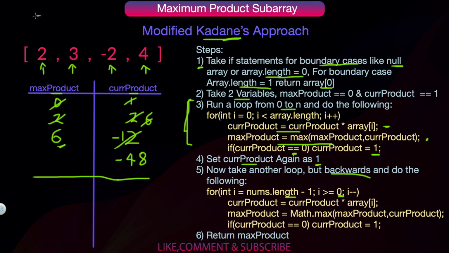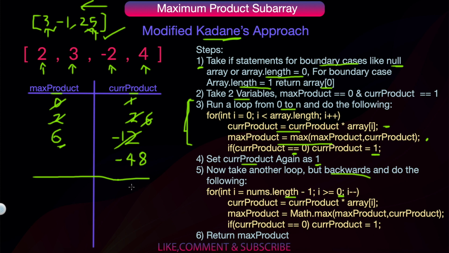We take this backwards loop for tackling cases like when we have 3, minus 1 and let's say 25. So in the forward pass we'll get our max element as 3 instead of 25 because in the end we'll have minus 75 as the current product. So we'll have to run a backward pass to get the correct answer.